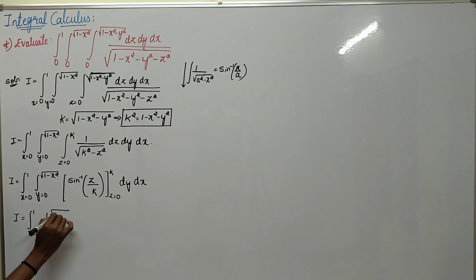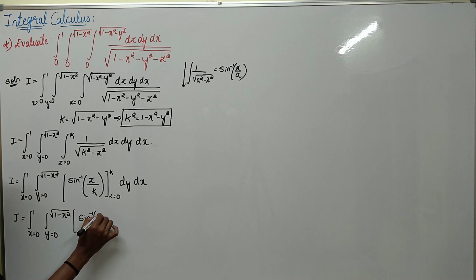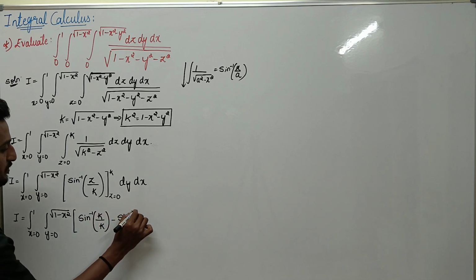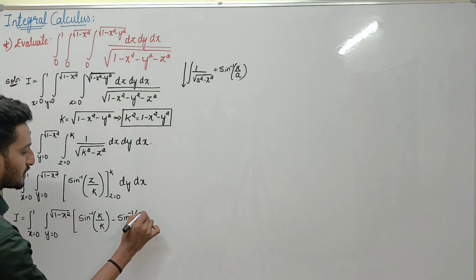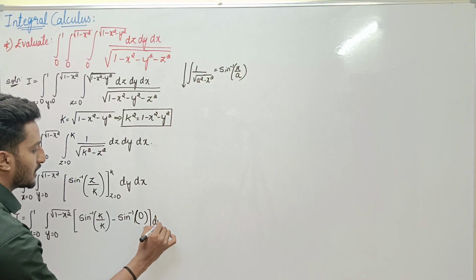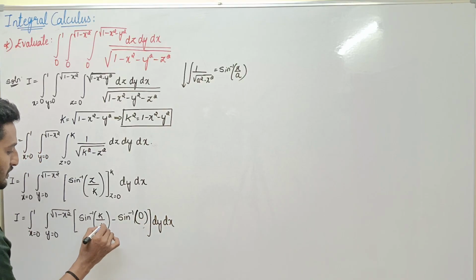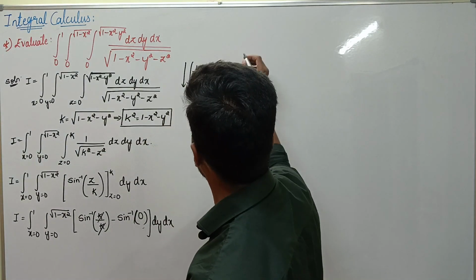0 to root 1 minus x square into sine inverse of, instead of z, upper limit is k by k, minus sine inverse of 0 by anything, 0. Okay, we can represent directly 0 by anything, that is 0, dy dx. K gets cancelled, you get sine inverse of 1.